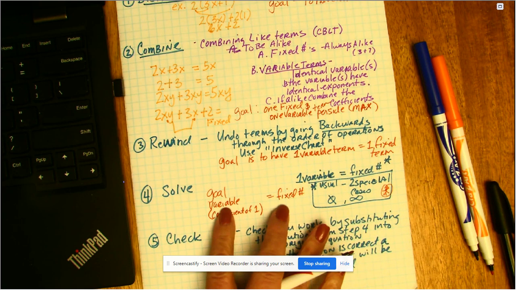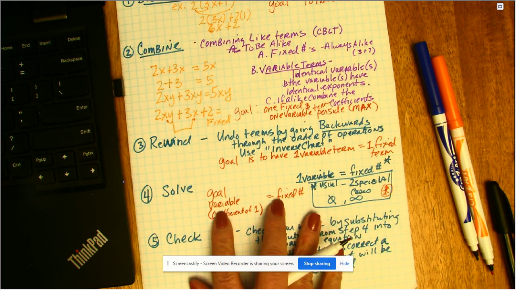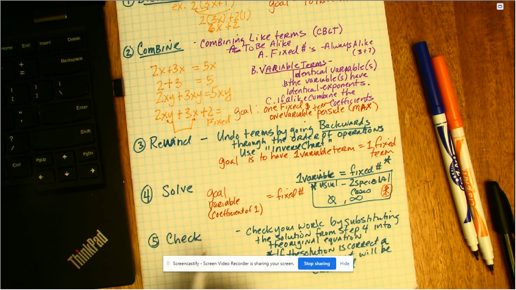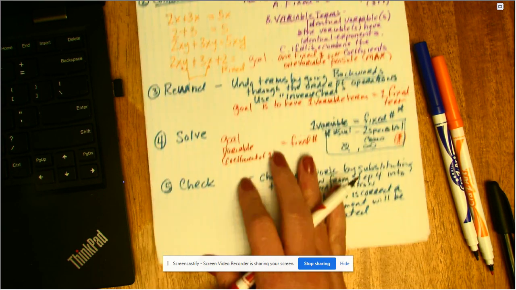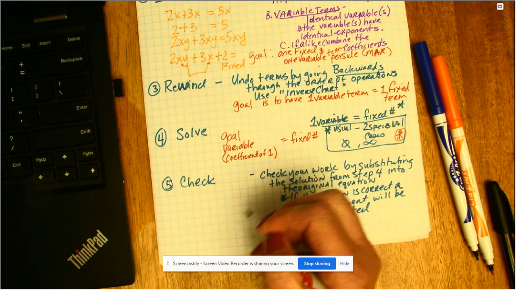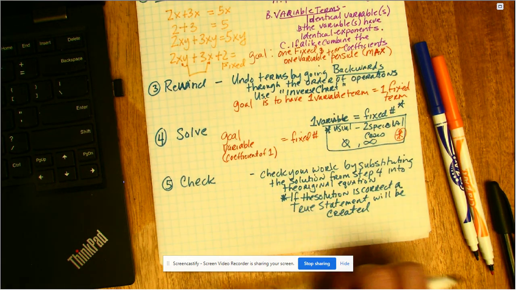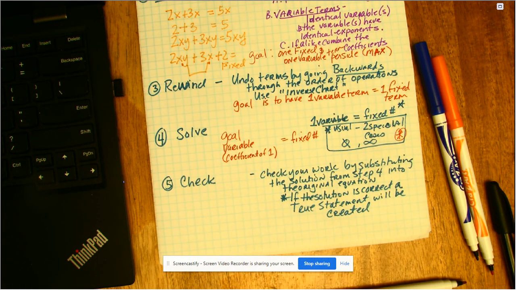This isn't what our solution will look like when it's a special case. But 90% of the time, it's not going to be a special case, right? Because special means not occurring all the time. It's usually going to be one variable with a coefficient of 1 equal to a fixed number. And check, our goal is to make sure we did it correctly, right? But think about these goals as we're accomplishing the different steps for solving equations.